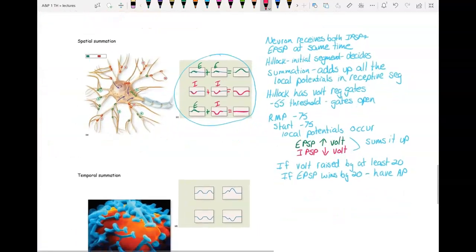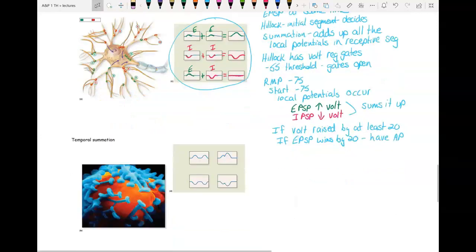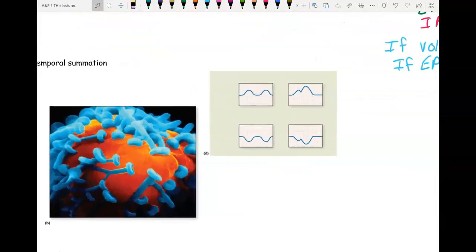And there's two types of summation that can occur. We have spatial and temporal. Here you can see, here's an actual photograph of all these axon knobs. And here is that receptive segment. So you can see what it looks like in real life with how many other neurons are secreting neurotransmitter onto this one.